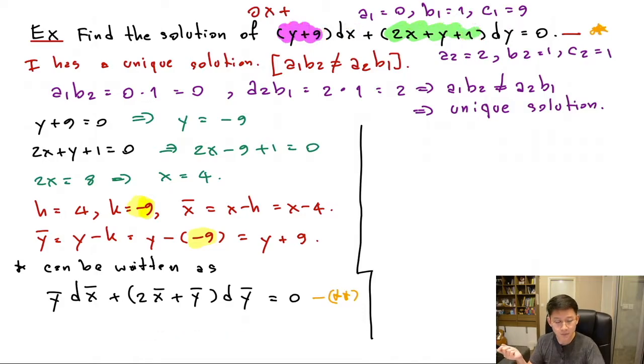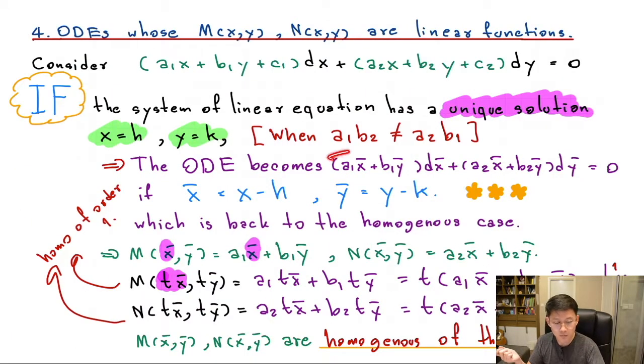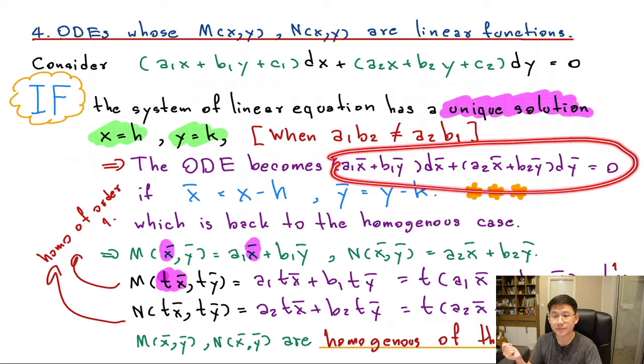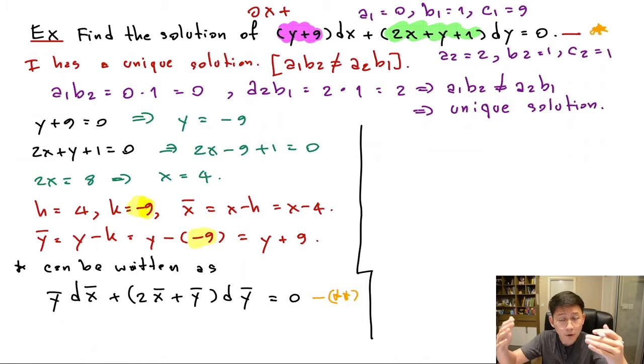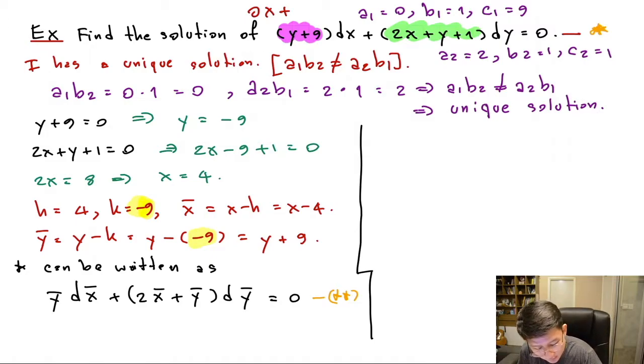It's actually for this one, what I wrote here, right? Just follow the steps that I have given. So you're gonna succeed, following the steps. So here you can see that this m and this n are homogeneous of order 1.